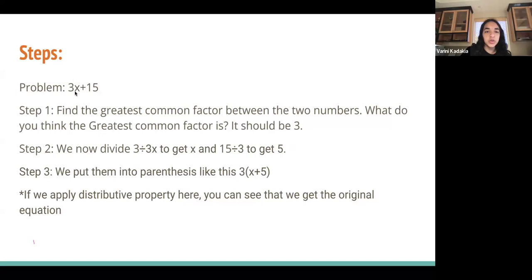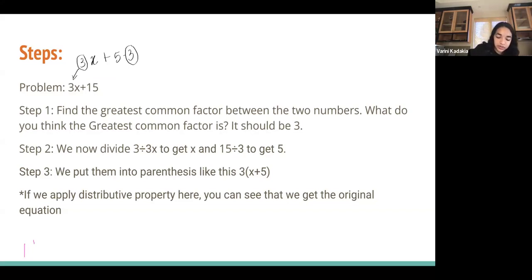So it says 3x plus 15. So this is represented as 3 times x plus, let's say, 5 times 3, right? So what's the common factor? It'd be 3, right? Because you have a 3 here and then a 3 here, right?